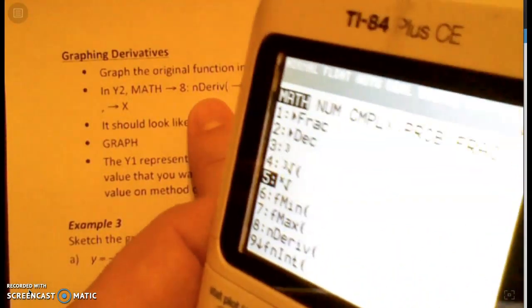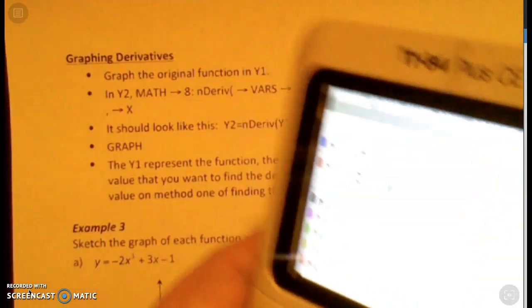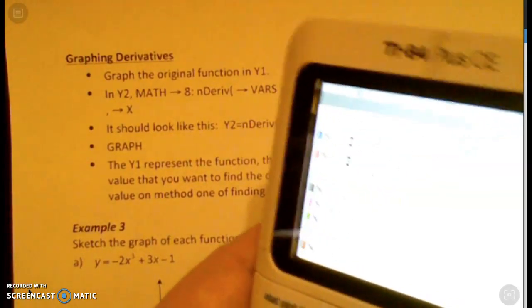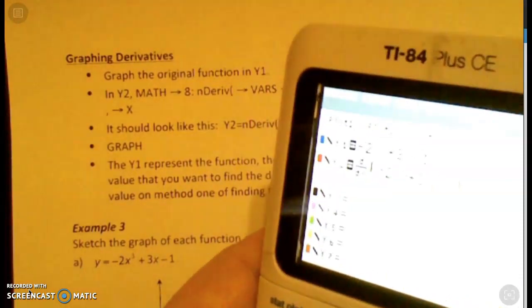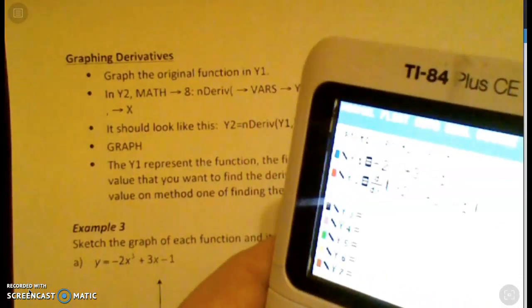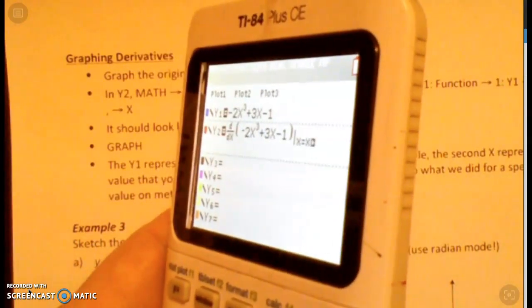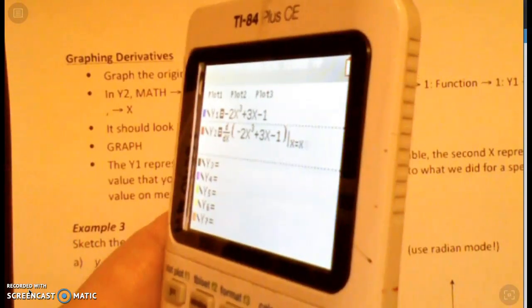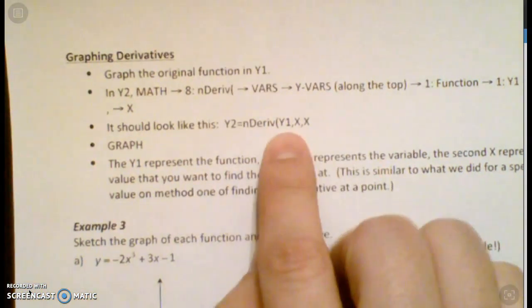I go down to nDeriv, and then I'm going to do the d/dx and type in that equation we just did, plus 3x minus 1, and then I'm going to type in x. I don't just want it at one point, I want it for the whole thing. So I'm going to find the derivative of the entire thing.